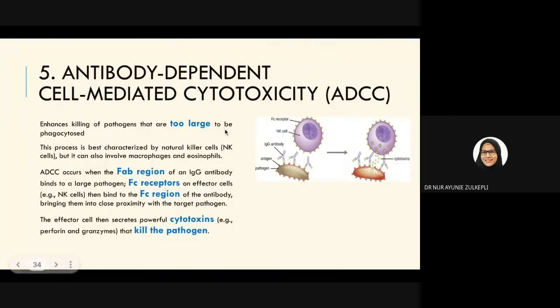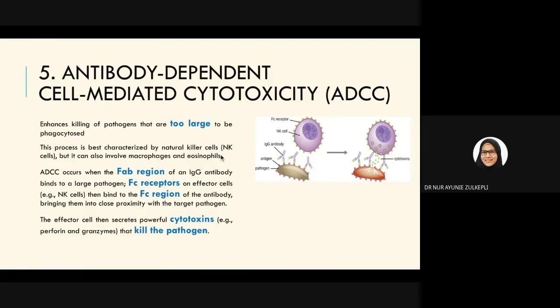So the last one, antibody-dependent cell-mediated cytotoxicity, ADCC. So usually to enhance the killing of larger pathogens that cannot be phagocytosed in a normal way. Okay, so it needs the antibody to help to encounter this bigger pathogen.